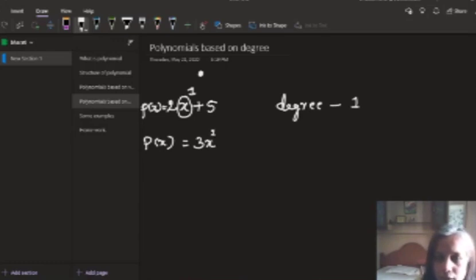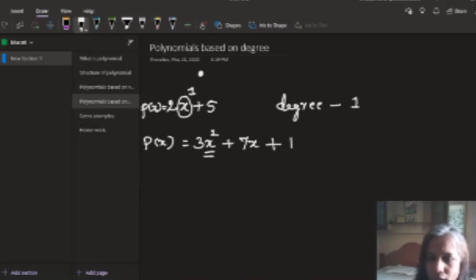Now let me write one more polynomial, 3x square plus 7x plus 1. Now whose power do we have to consider, because we have two variables here. One is x square and the other one is x. Whether we have to consider the x square or x to the power of 1.